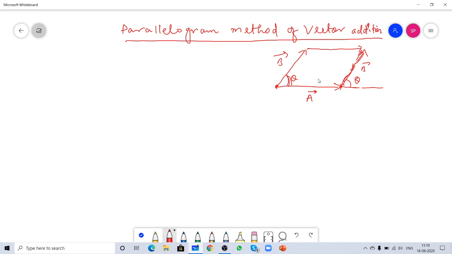So if this is theta, you can see this angle will also be theta. Why so? Because you know that if two parallel lines are there and this is a transversal, then the corresponding angles will be equal. So if this is theta, this will be theta.